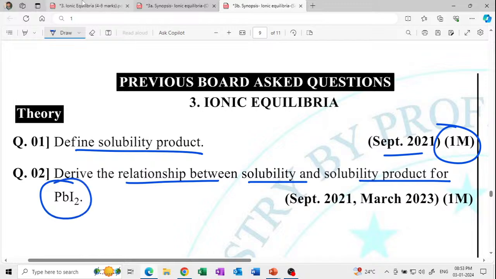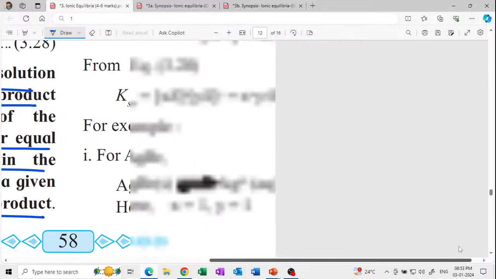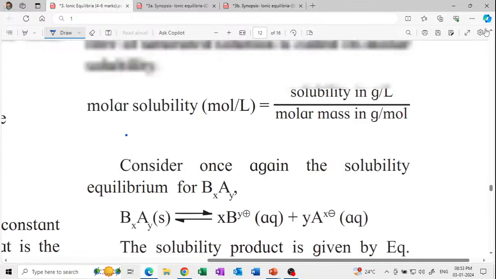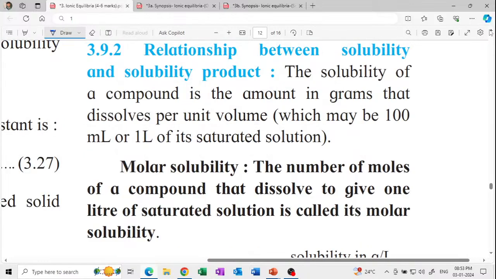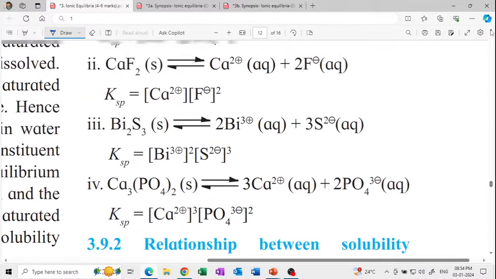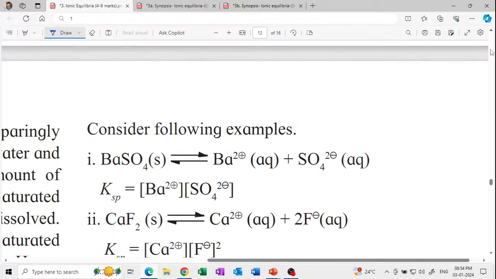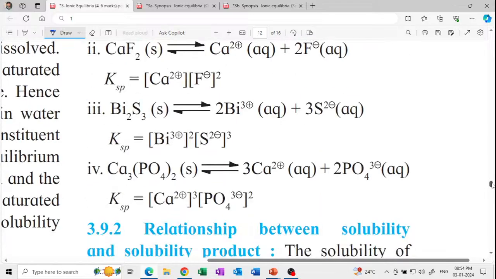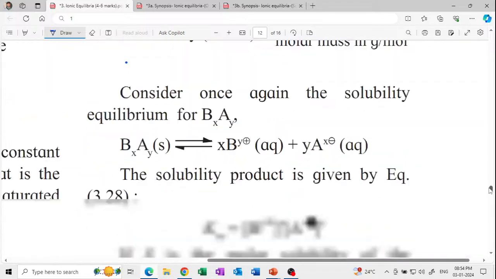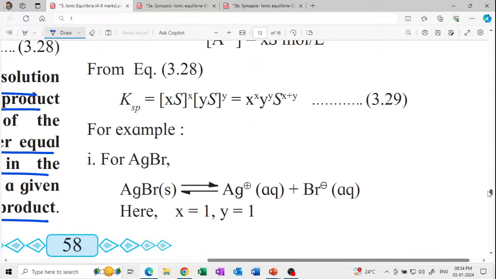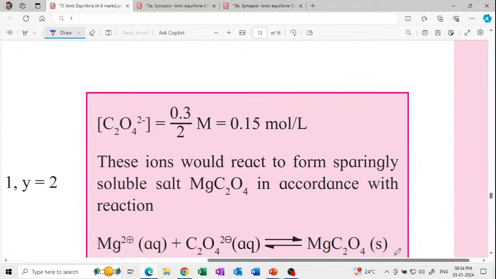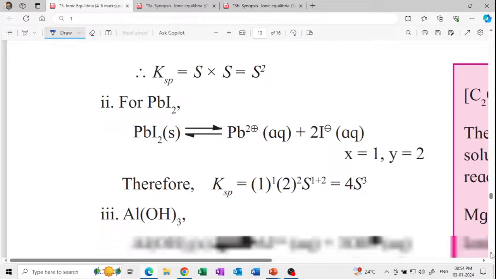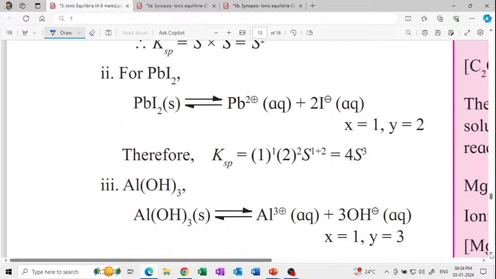PbI2 मला वाटतं सॉल्व आहे डायरेक्ट. Yes, this is given for PbI2.